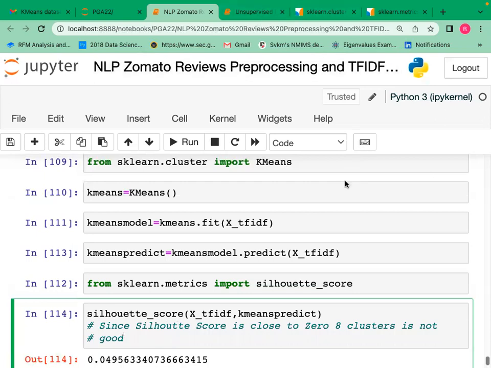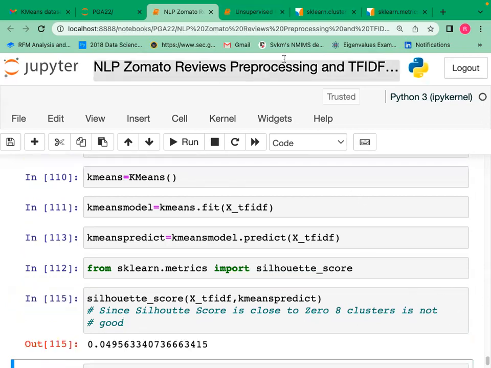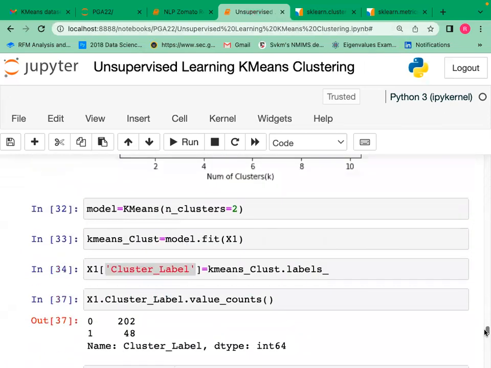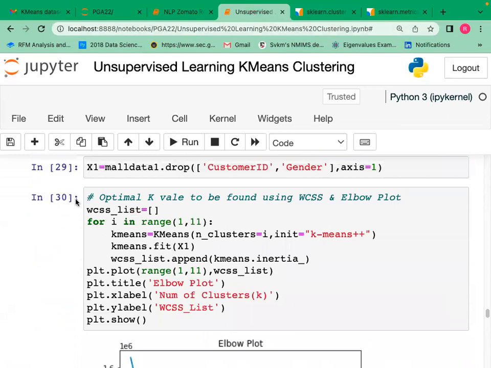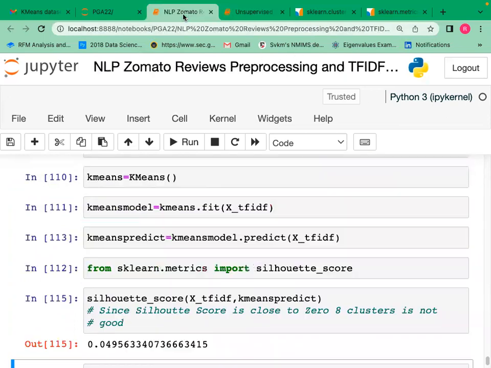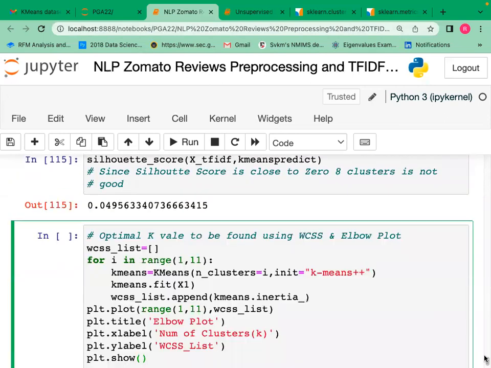You have to find the proper cluster formation now. Supervised learning. You can copy the code, Control C. Paste the code and change the things to X_tfidf.